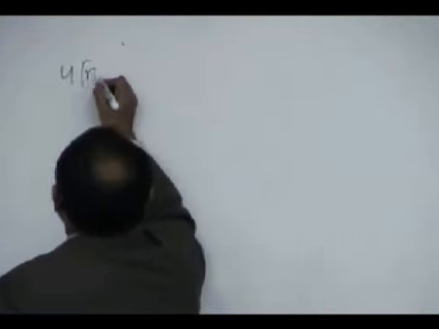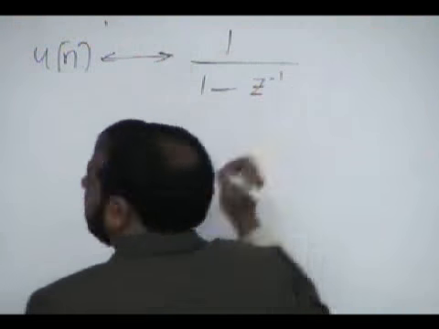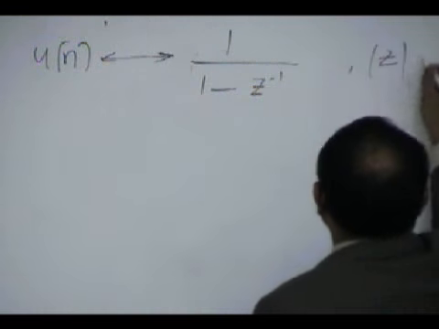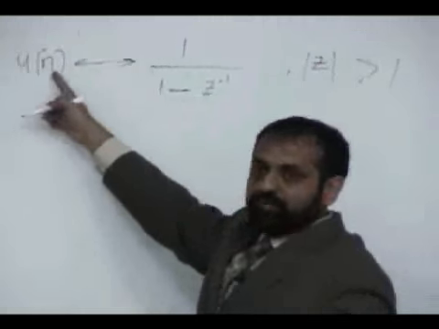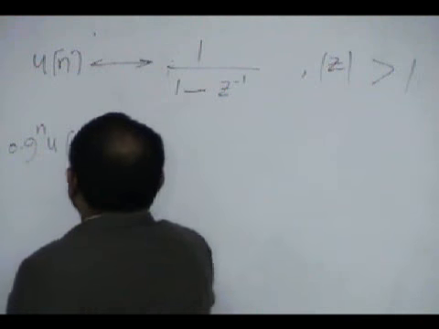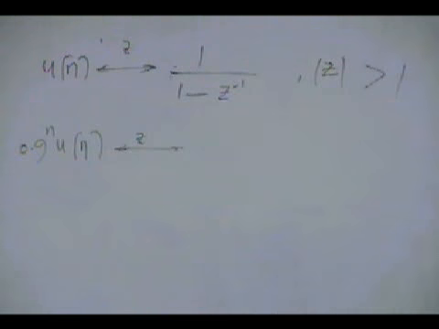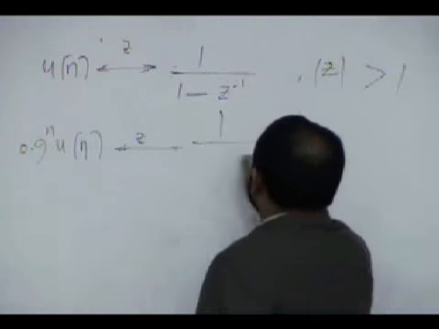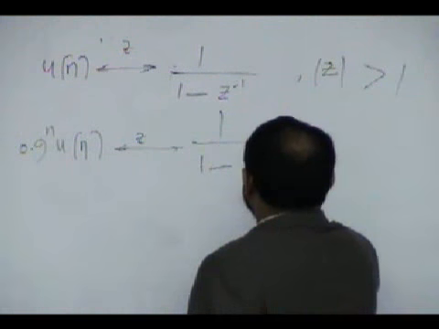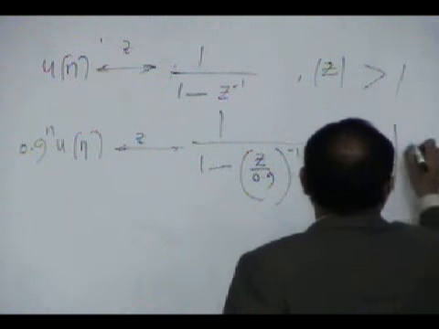For example, the Z transform of u of n is 1 over 1 minus z inverse, where the region of convergence is magnitude of z greater than 1. What if I multiply it with an exponential, so I say 0.9 to the n u of n? This tells me that every z you see should be replaced by z over 0.9. So you say 1 minus z over 0.9 inverse, with magnitude of z over 0.9 greater than 1.